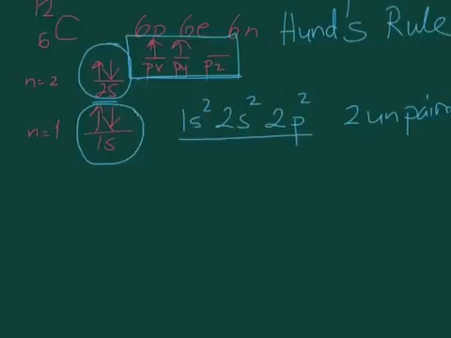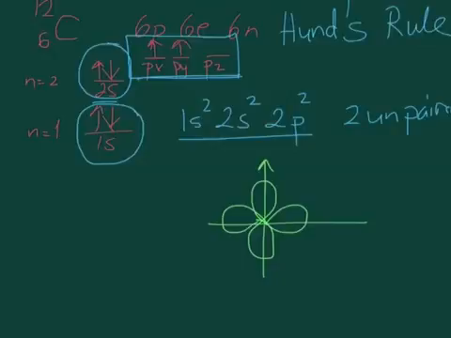We can show this unbalanced situation by drawing the p orbitals in carbon. Along the y-axis, we have 2 lobes of p orbitals. Along the x-axis, 2 lobes. And along the z-axis, again, 2 lobes. Now, imagine that we are putting 2 electrons in the p orbitals.